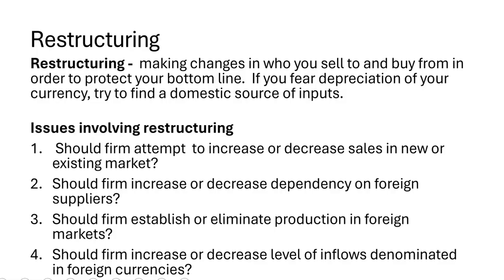So for our previous example, it's great to keep selling in Canada when the U.S. dollar depreciates against the Canadian dollar. But what about the increase in costs? So to restructure, keep selling in Canada, but let's see if we can find a U.S. supplier of that input so that you can decrease your costs of production.